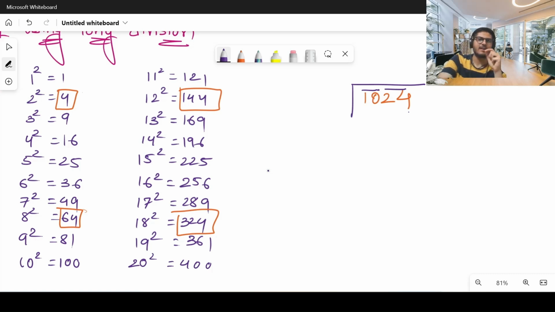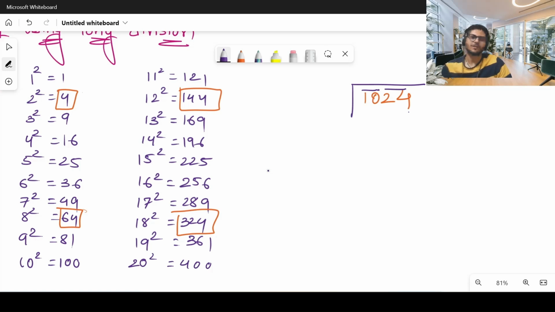In a number which is 3 digit, 5 digit or 7 digit, one number will always remain alone. Don't worry, I will also take an example of a 5 digit number after this, but let's first find the square root of 1024. So everyone, first step, start making pairs from the extreme right side of the number, and that's what we did. So 24 and 10 are the two pairs of the number.